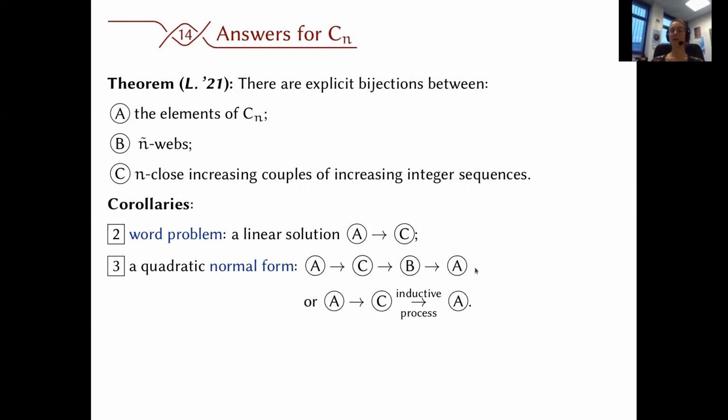These are equivalent in complexity. So this normal form is much more readable than the normal form which was known before. It's easier to construct, and it has the advantage of being a total normal form, which means that it works for all the elements of a monoid without exception.